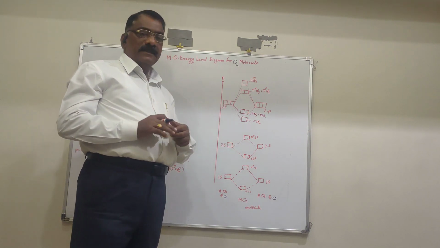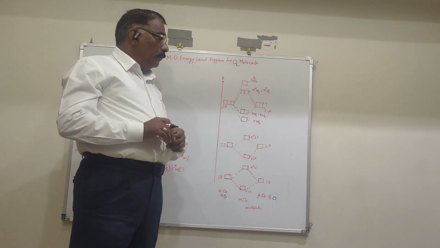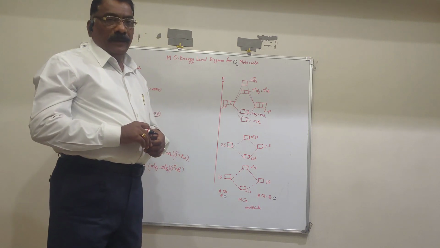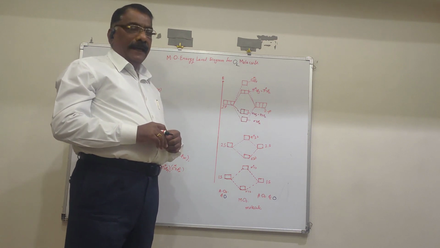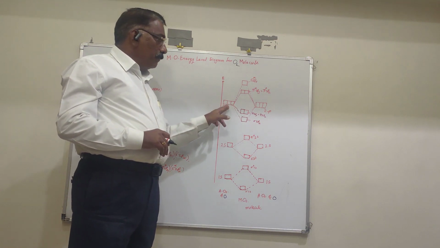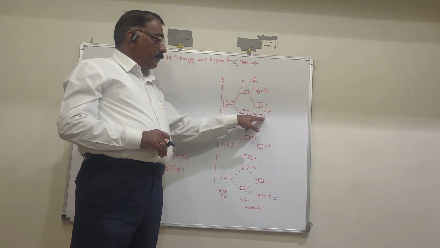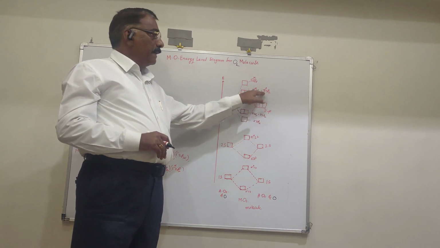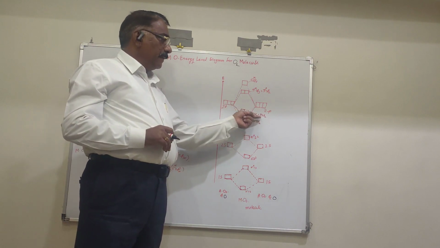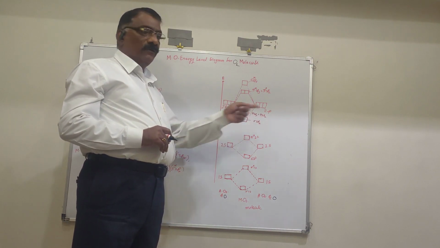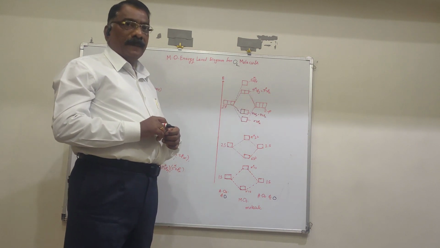Then the remaining two orbitals, 2py and 2pz, combine with the 2py and 2pz orbitals of the second oxygen and give pi bonding and pi anti-bonding molecular orbitals. 2py gives pi 2py and pi star 2py. 2pz gives pi 2pz and pi star 2pz orbitals. Both have equal energy, so this sign indicates equal energy: pi 2py equivalent in energy to pi 2pz, and pi star 2py equivalent to pi star 2pz.